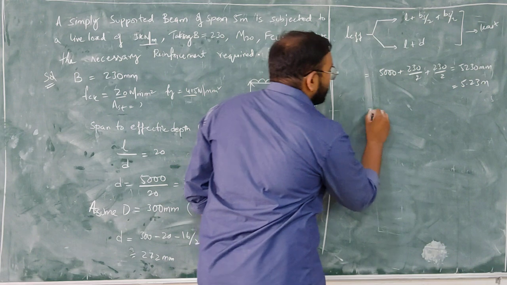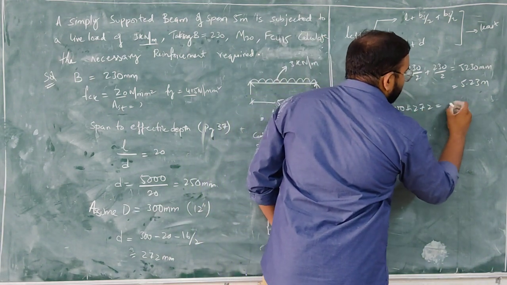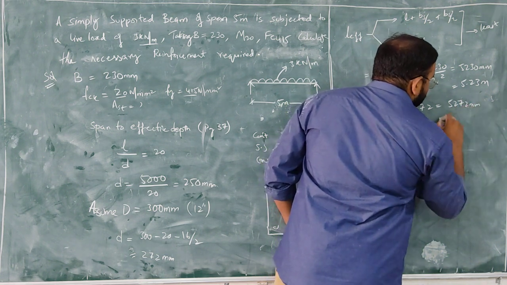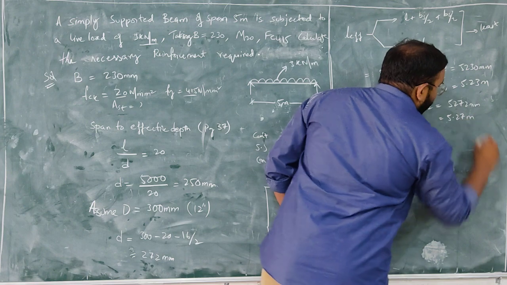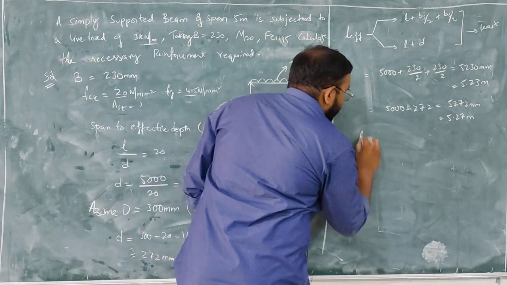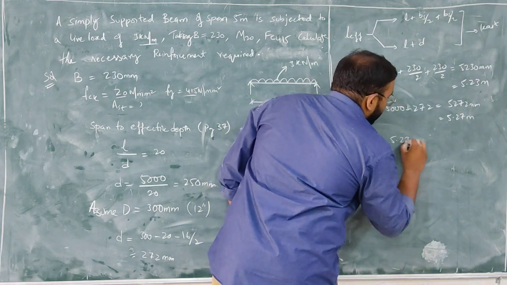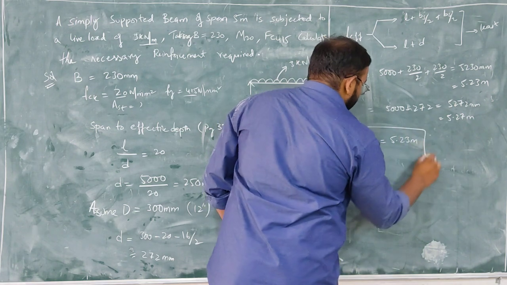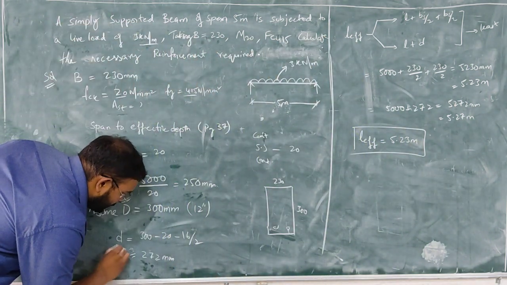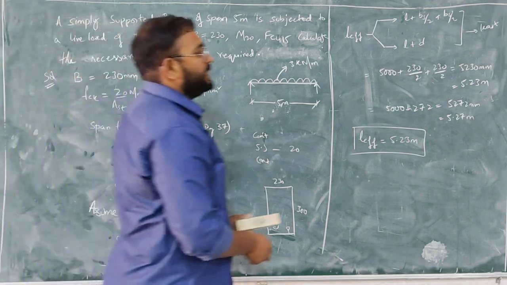Now, one more condition you have is 5000 plus 272, which is equal to 5272 millimeters, equal to 5.27 meters. Now, which is less? First one. So L effective is equal to 5.23 meters. D we are taking as 272 millimeters and L effective is 5.23 meters.